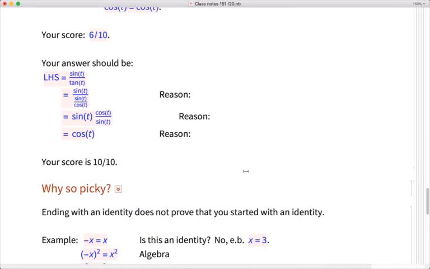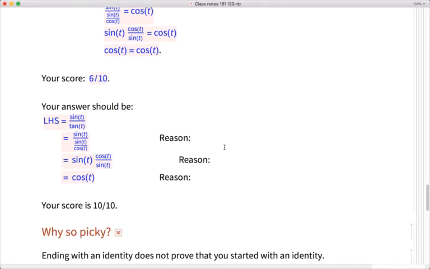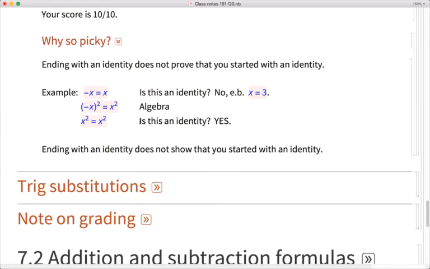And that's the argument that was presented here. The student said, well, I ended with an identity, therefore I must have started with an identity. And in this particular case, it happens to be true, but this is supposed to be the example that tells you that line of reasoning is not valid in general.